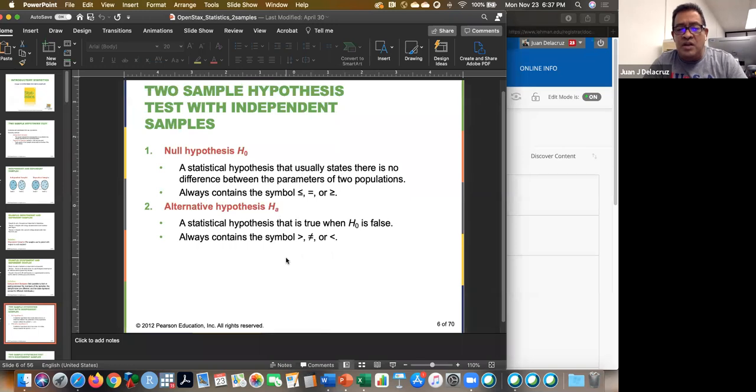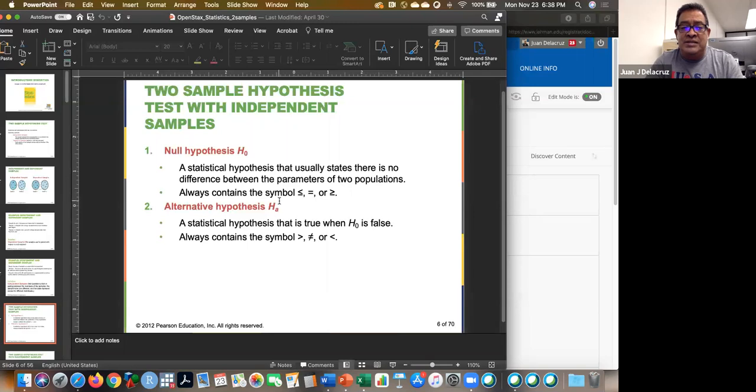Remember, we already went through this. The alternative is the hypothesis that we want to prove or disprove, because that helps us support or not support the claim.